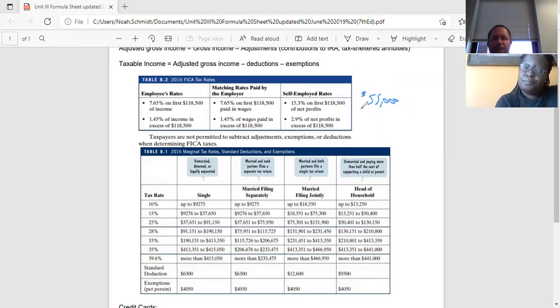And 4,000 was his itemized deductions, let's call it ID, for itemized deductions, were 4,000.